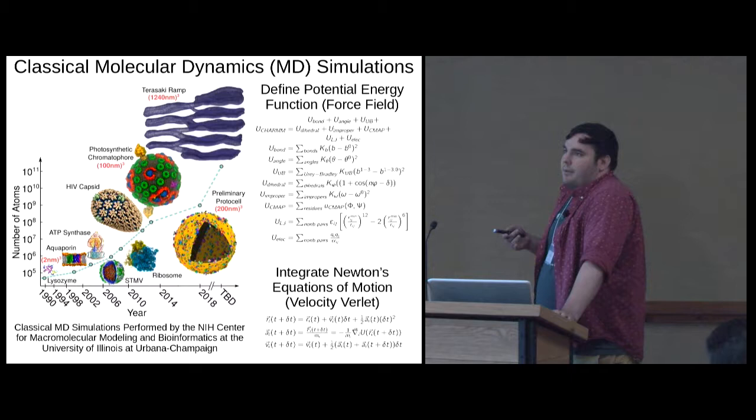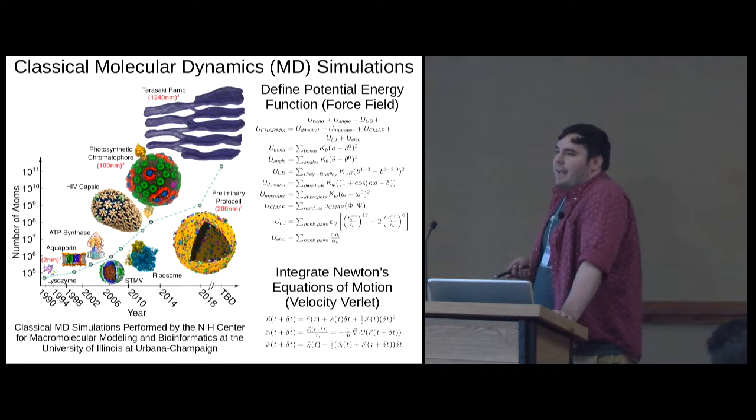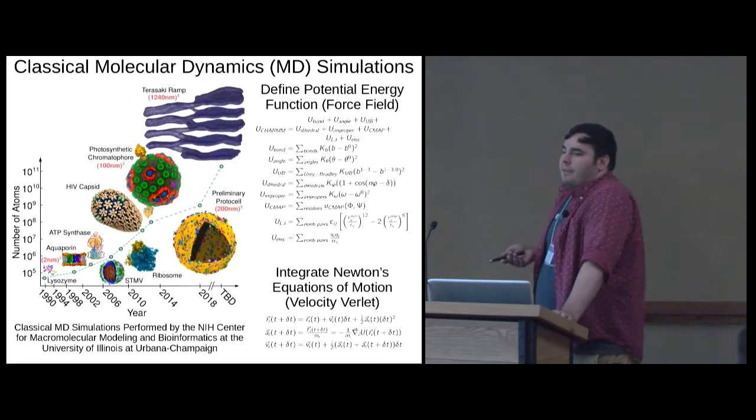Using the changing position of the atoms over time gives you atomic dynamics, which collectively give rise to molecular dynamics. And we use this tool to try to determine the structural basis for the function of biological systems.